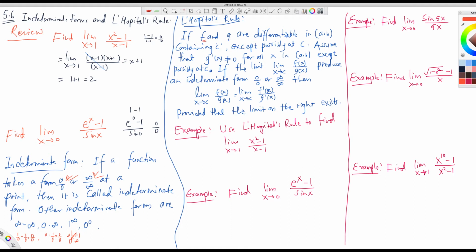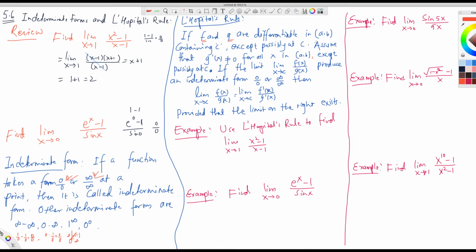Suppose the interval AB contains a point C, and suppose f and g are differentiable everywhere in AB, except it may not be differentiable at C. So the functions f and g must be differentiable everywhere between A and B, except possibly at C.